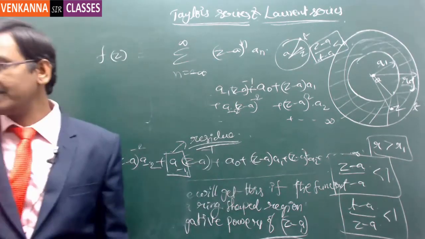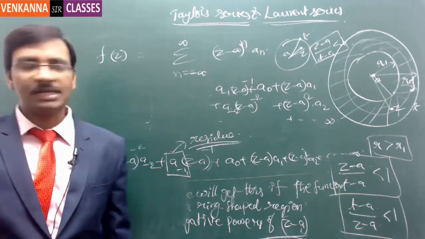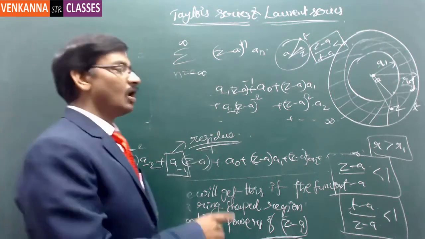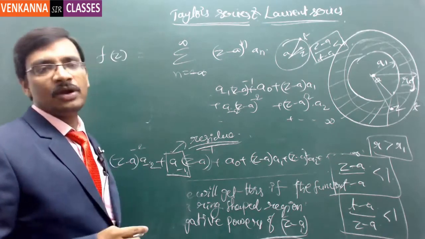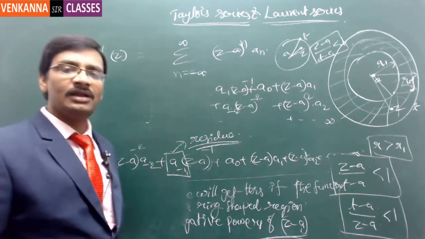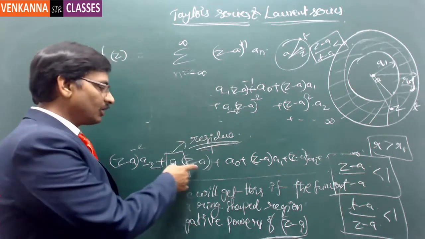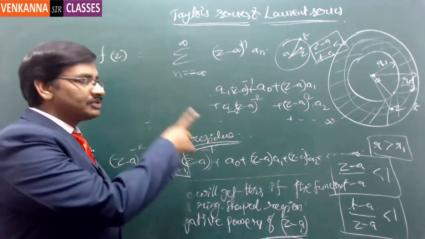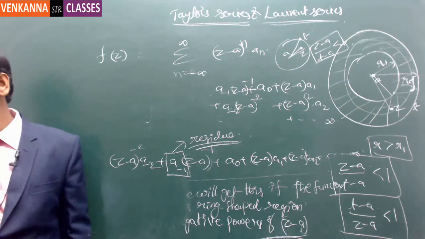There is something called the residue theorem, which we are going to take up in the upcoming class. The residue theorem says that if the function is not analytic at a point, at z equal to a, if the point is singular, then the residue at that point, which is nothing but the coefficient of (z minus a) whole power minus 1, times 2 pi i, is directly the integral value. That's what the residue theorem says. Got it?